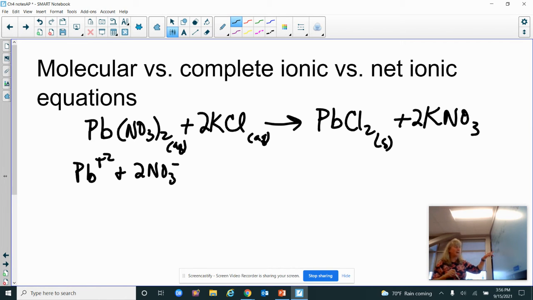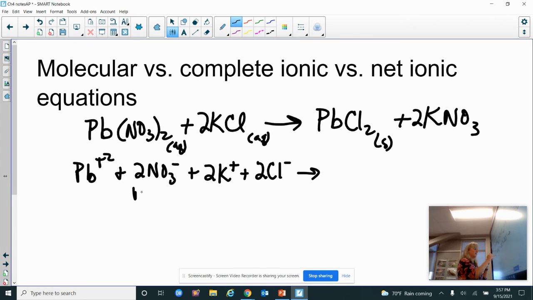These two ions, they don't exist all together as a formula unit or molecule. And then this one will split up into 2 K pluses. So the 2 applies to the K and it applies to the Cl minus. Now, ions must have charges. Ions must have charges.